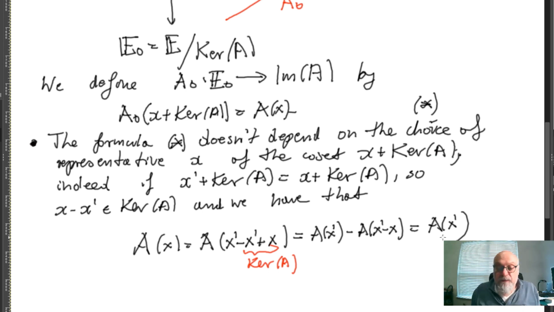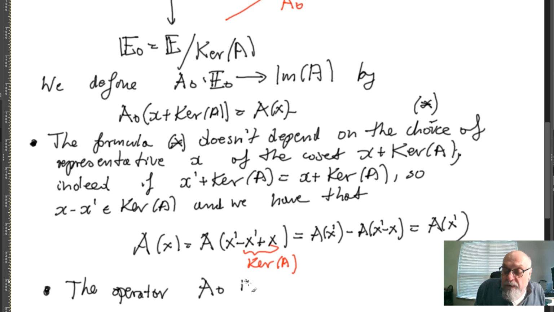Now we need to prove the second property: the operator A naught is bounded.